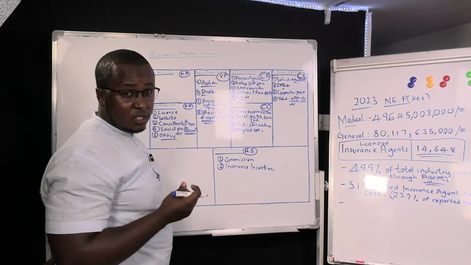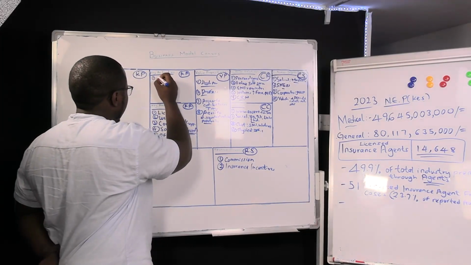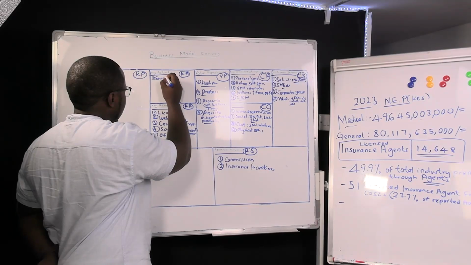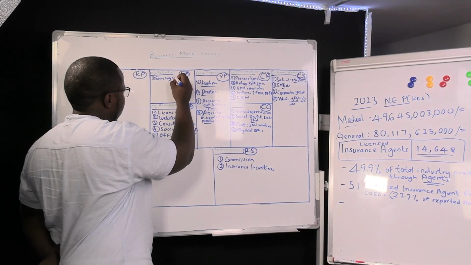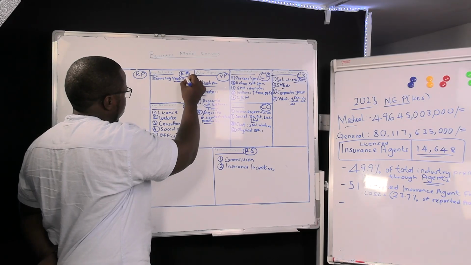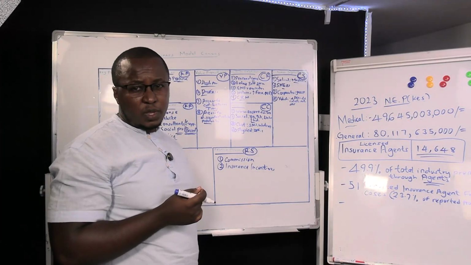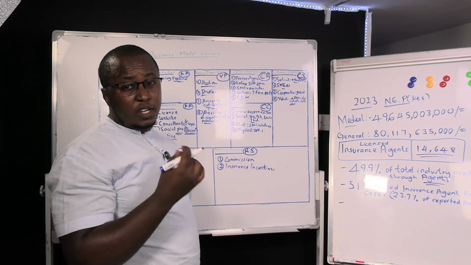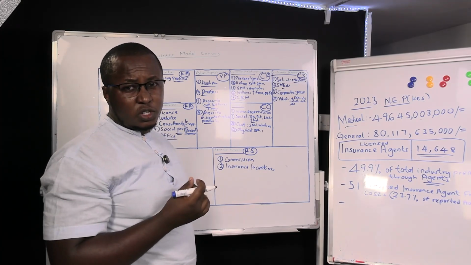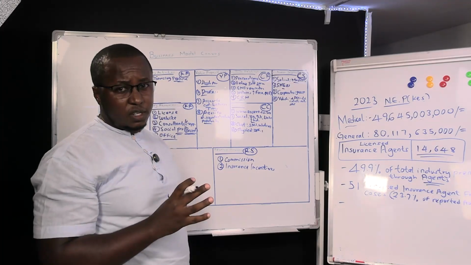What will be the key activities in this particular business? Number one, of course, will be sourcing for policies. For the insurance agency to be successful, you need ideal insurance policies which are able to meet the budget and the needs of your particular target market.